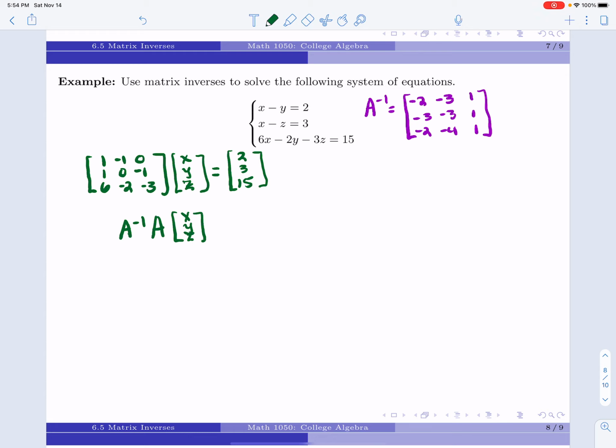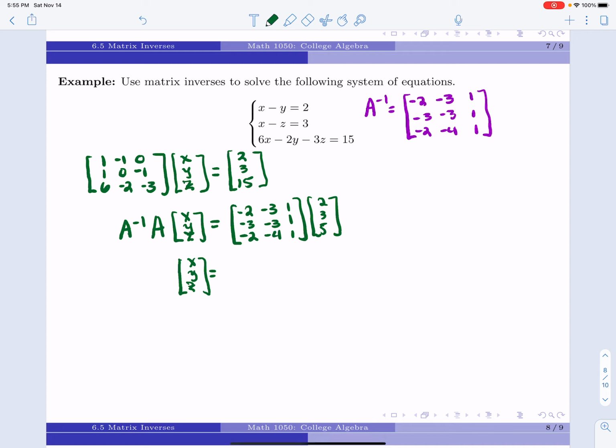I don't want to write out that matrix. -2, -3, 1, -3, -3, 1, -2, -4, 1, and 2, 3, 5. So I mean, this step isn't really necessary. I just want you to see that our A inverse and our A are indeed inverses of each other. So we'll just get the identity, and ultimately on the left, we are just left with our variable matrix.